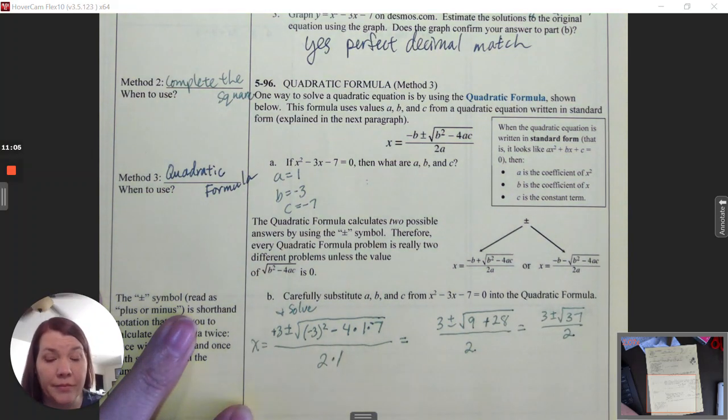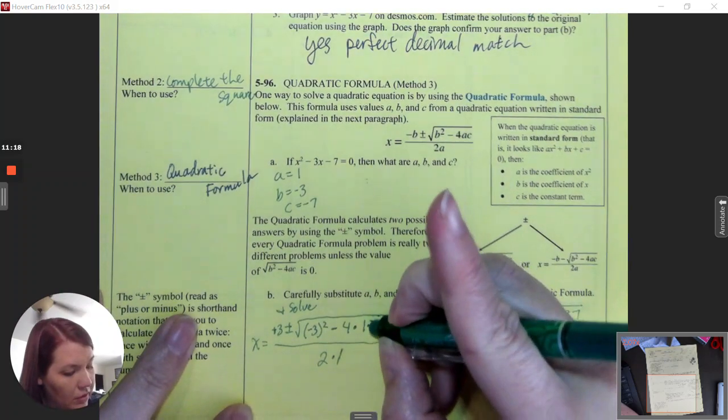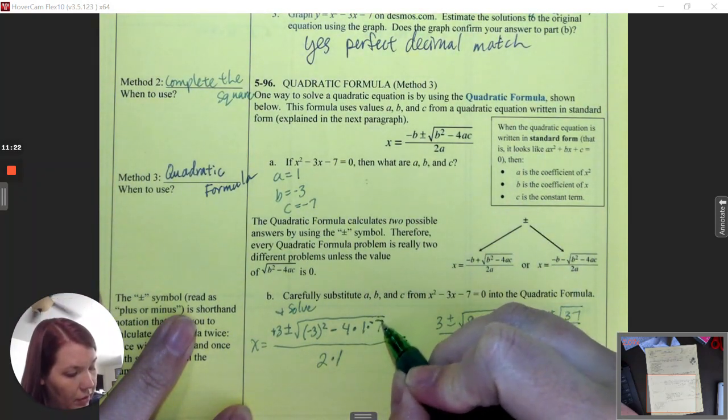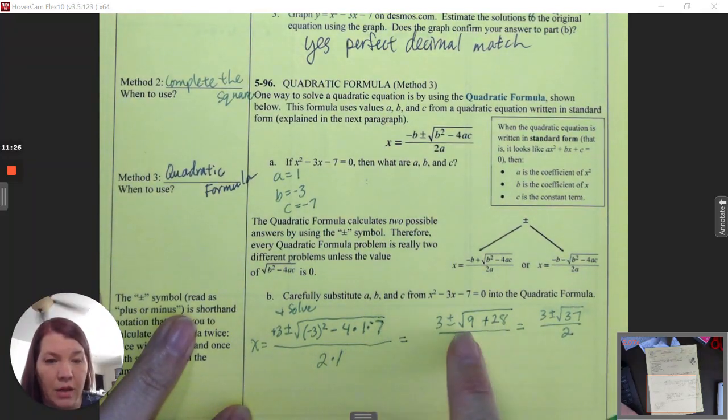So notice what I did. This is important. I put everything in. Then I did the inside, under this radical, first. So the exponent happened, and then this got multiplied at the same time. That 7 does not look negative, like a funny written 7 instead. There we go. And so I had negative 4 times 1 times negative 7, 28, 3 squared.